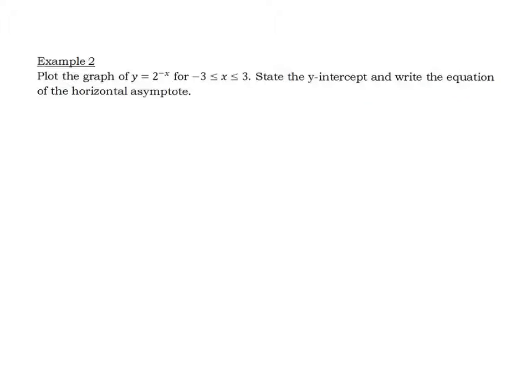Example 2 is very similar to example 1. Can you please press pause and try this one on your own? Okay, they're asking us to plot, so let's do a table of values.